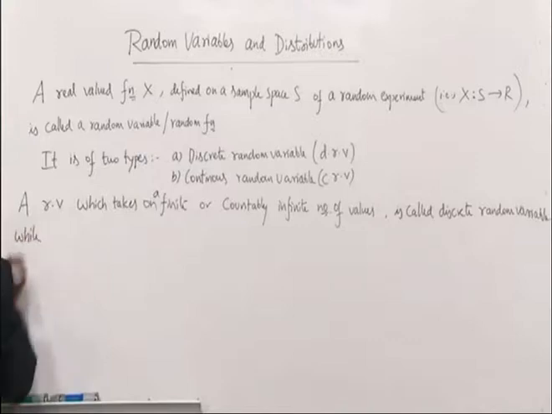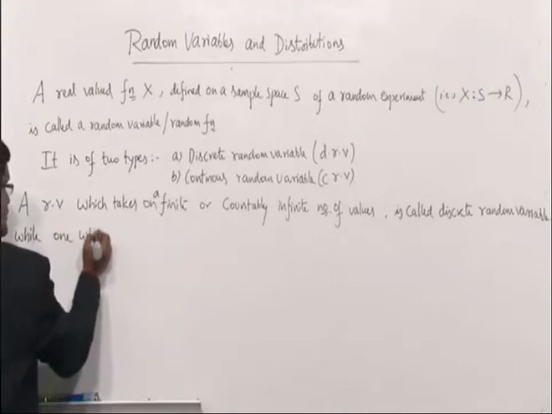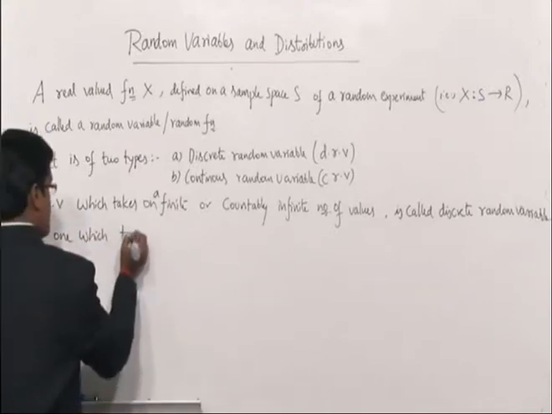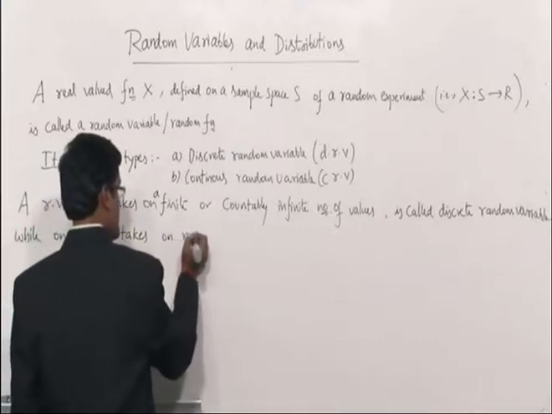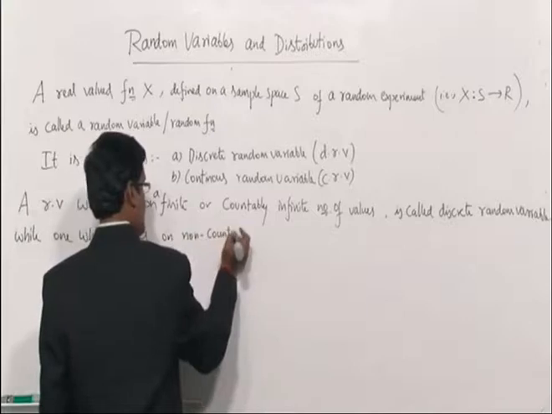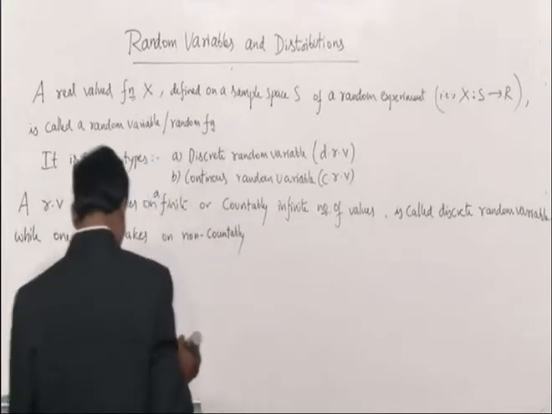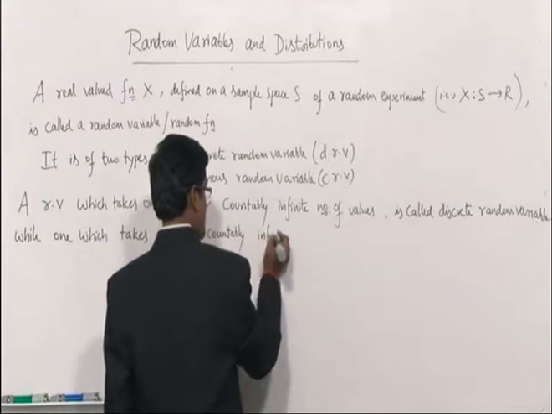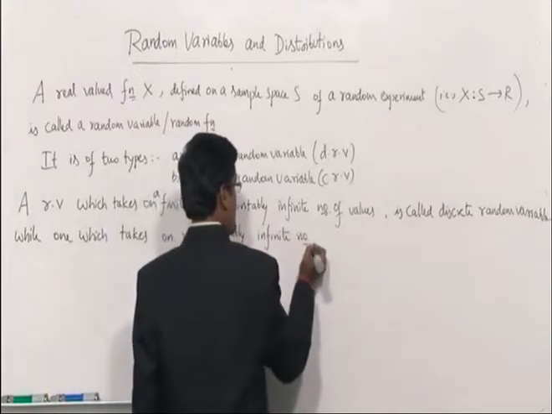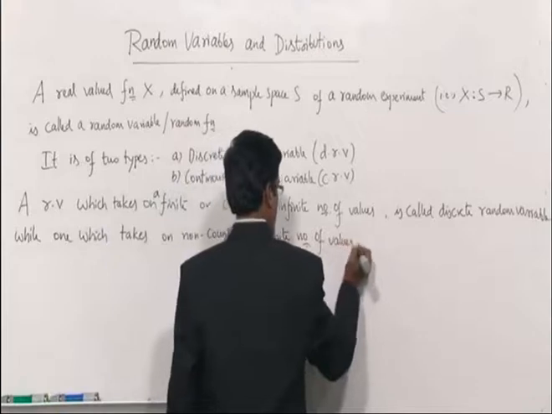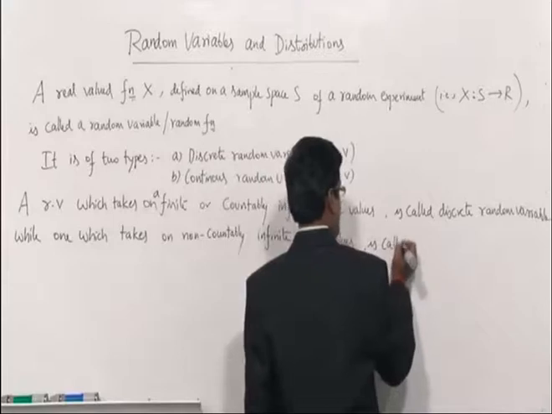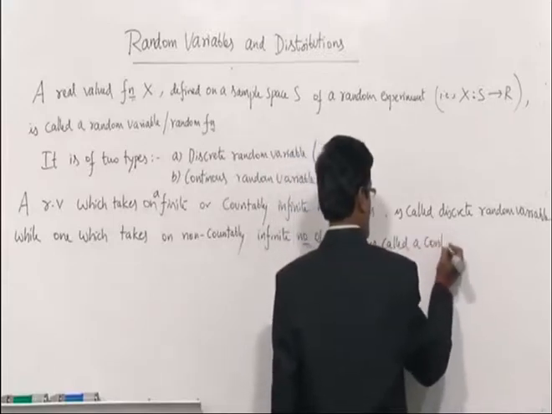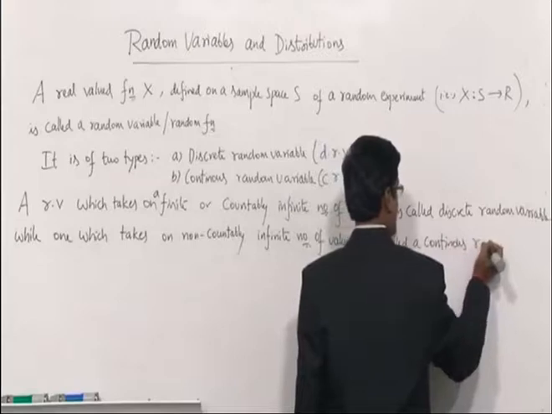While one which takes on uncountably infinite number of values is called a continuous random variable.